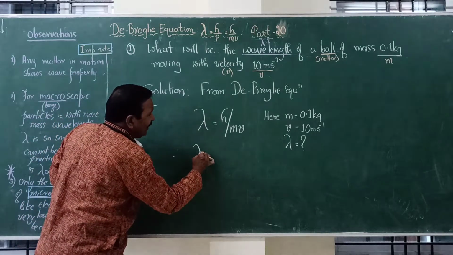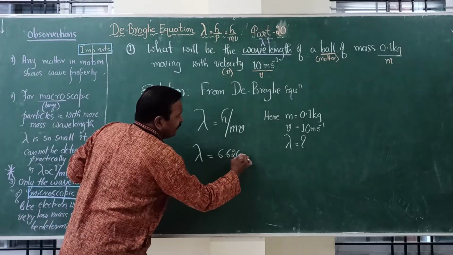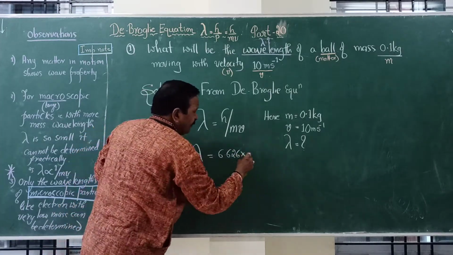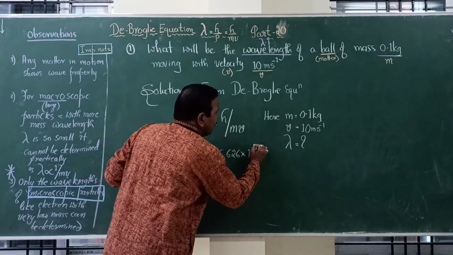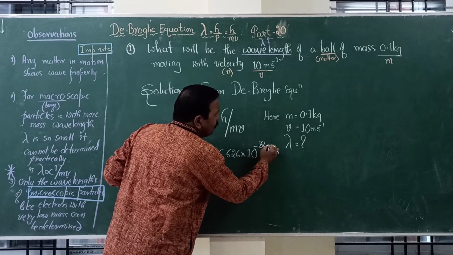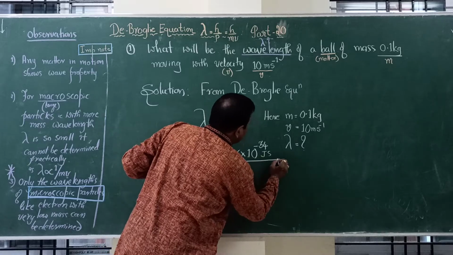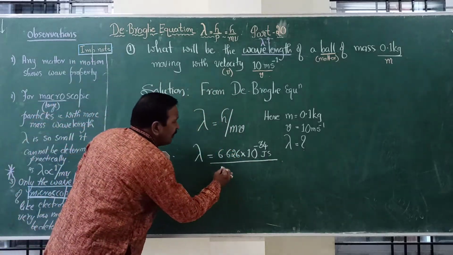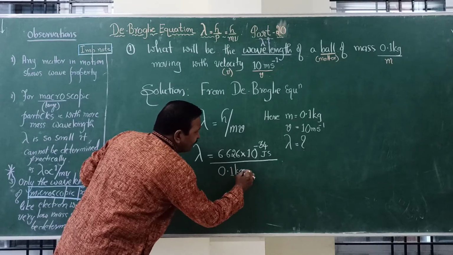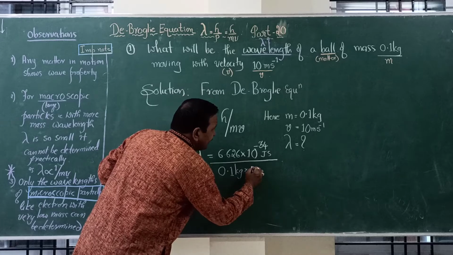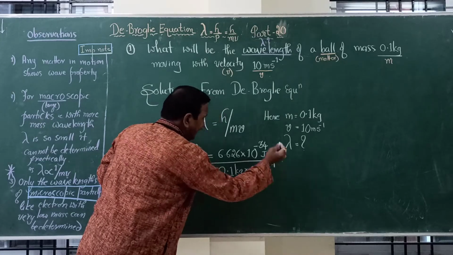Therefore, lambda will be equal to 6.626 into 10 to the power of minus 34 joule second divided by mass into velocity, 0.1 kg mass and velocity 10 meter per second.